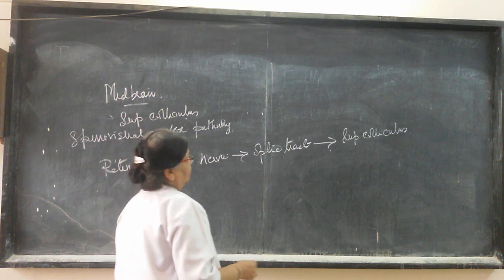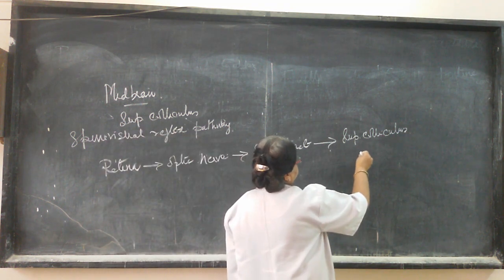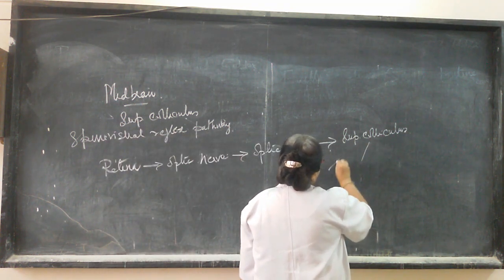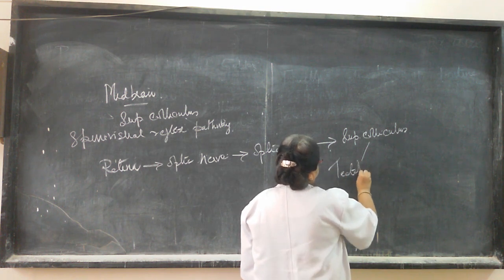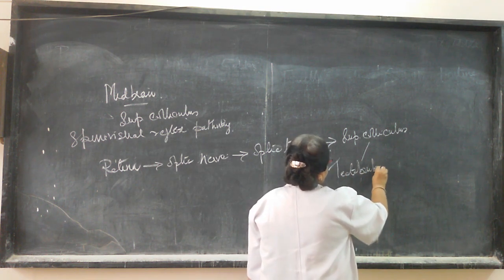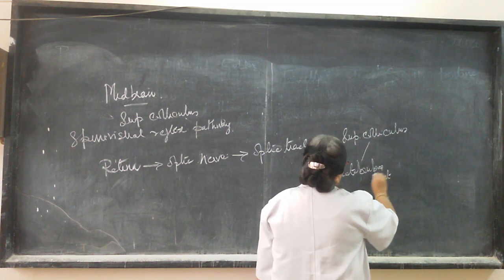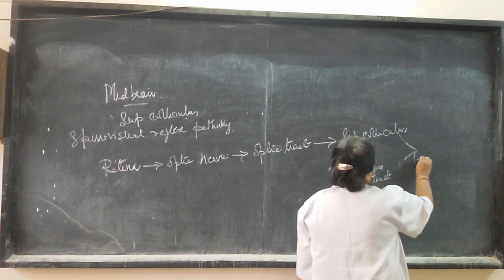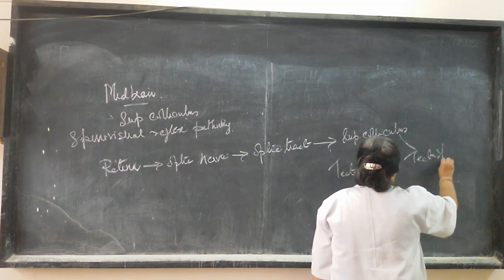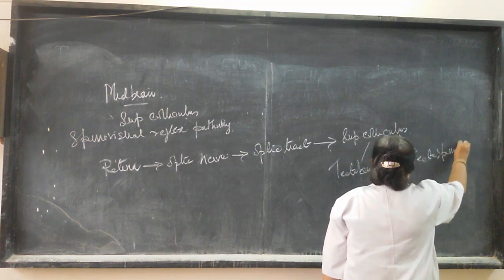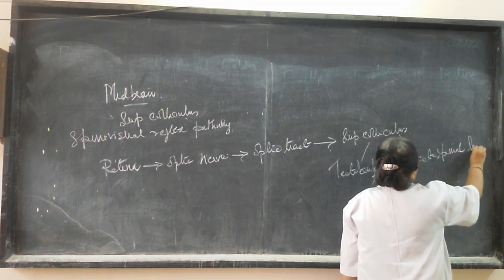And from the superior colliculus, two tracts start: the tectobulbar tract and tectospinal tract.